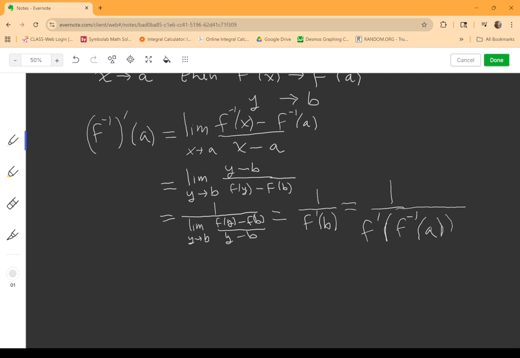Okay, so now let's do an example to look at how this is going to be used in an application.